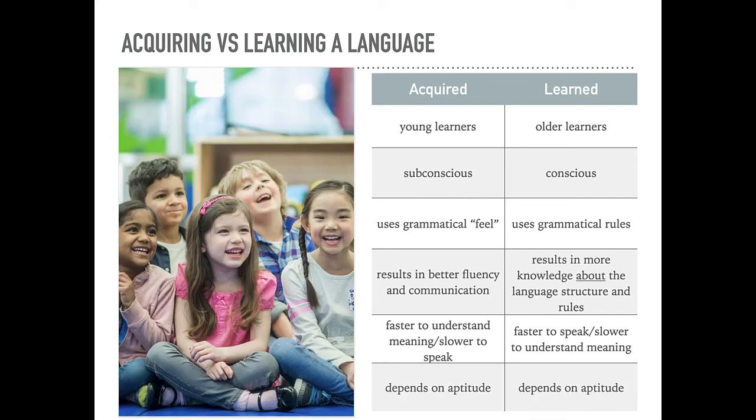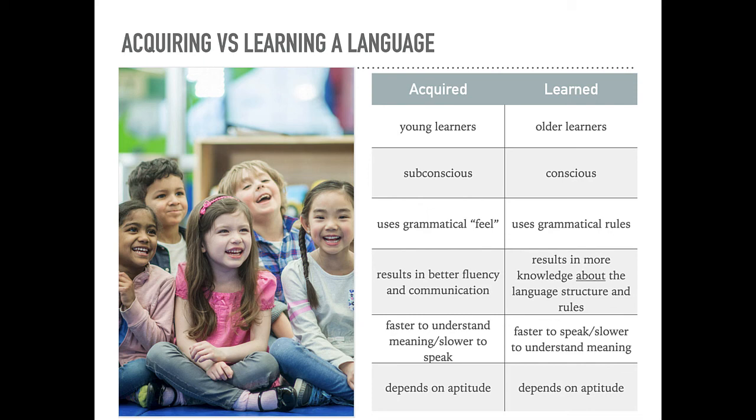Lastly, both of these are going to depend on a certain level of aptitude. We acquire language with a certain aptitude, and we learn language with a certain aptitude. Now, some people might be able to learn a language very quickly. Some people might go through the process of acquiring a language very slowly. So it's based a lot on the learner's natural language abilities.